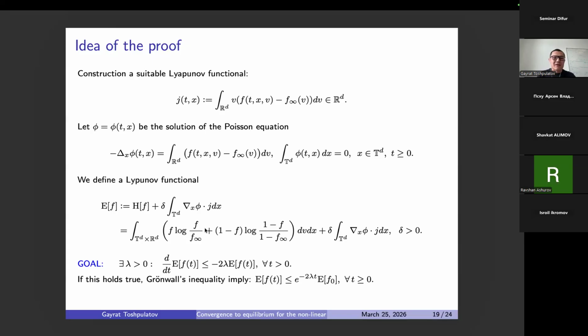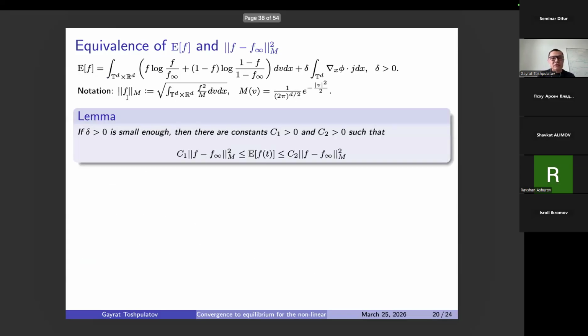Okay, so we consider this functional. Again, I use this notation: with M, this vector norm is the weighted L2 norm. We can show that if delta appearing here is small, we have this inequality.